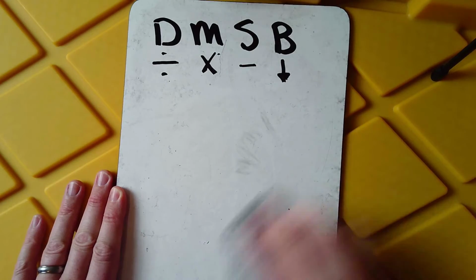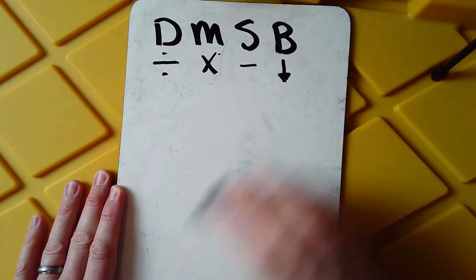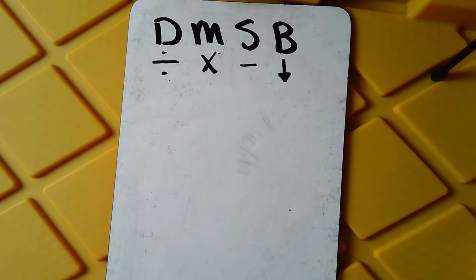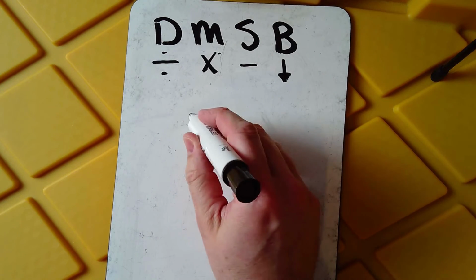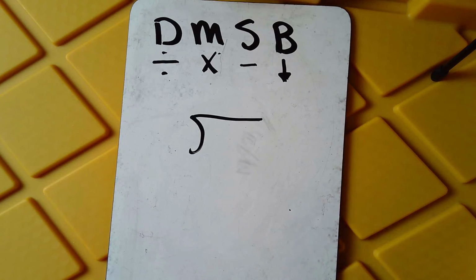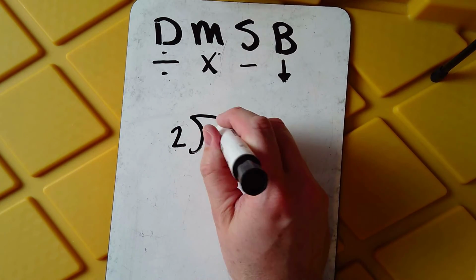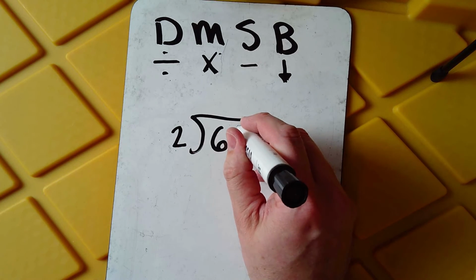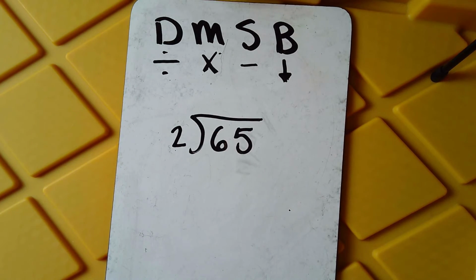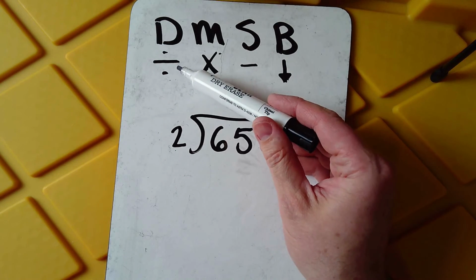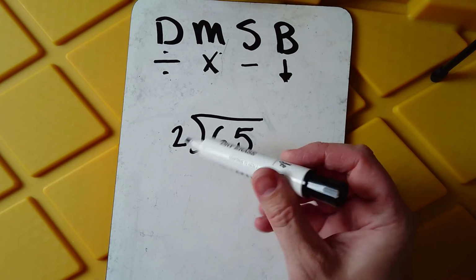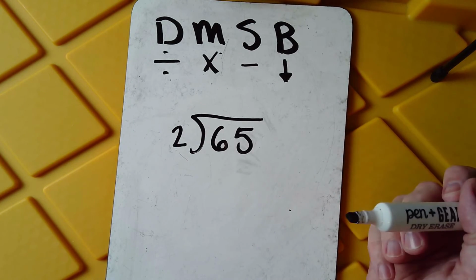Gonna do one more slow. See if you can keep one step ahead of me. All right, start again. Make my house. I'm gonna use a 2 on the outside this time, and I'm gonna use a 65 on the inside. Okay, so 2 into 65. So start from the top. Divide. How many 2s can fit into a 6 without going over?